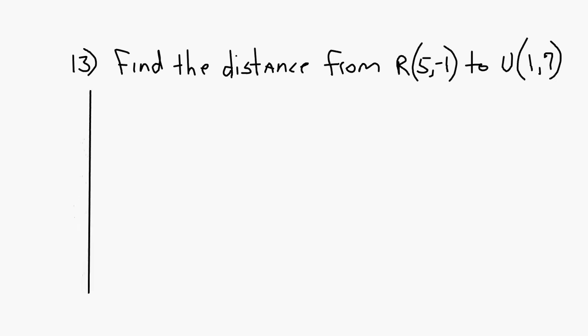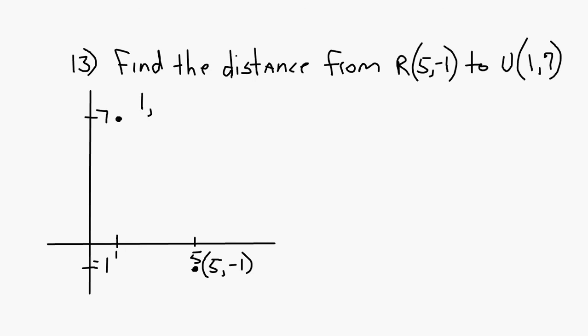So we plot it first on the coordinate plane. R is at 5, so 5, -1 is about here. 1, 7 is about there. There's your 1, 7.